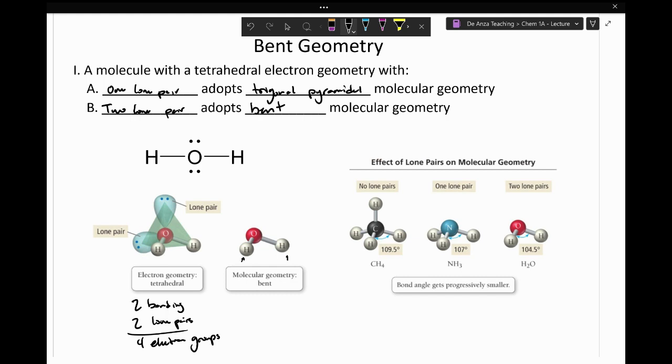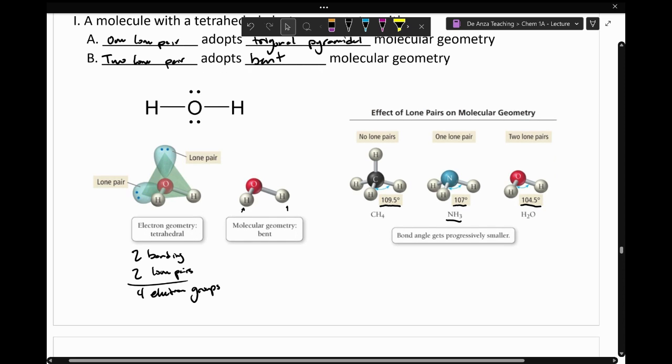And similar to our example with ammonia, when you have an electron geometry and a molecular geometry that match, you get that ideal separation of 109.5. When you get one lone pair, that narrows to 107 degrees. And when you switch out for 2 lone pairs, that minimizes to 104.5 because you just have more repulsion by those lone pairs.